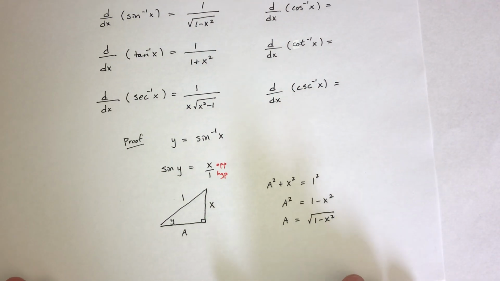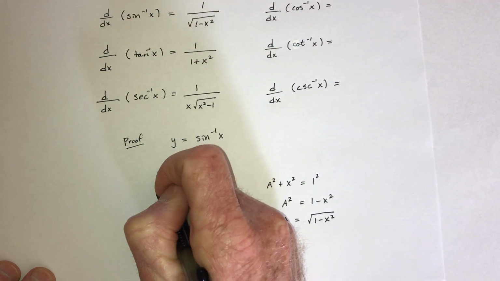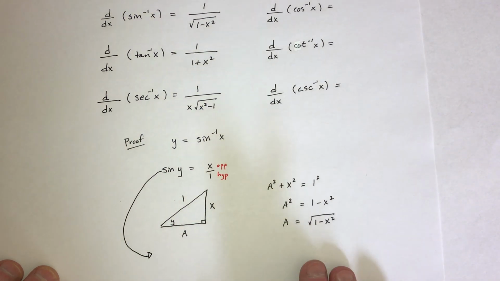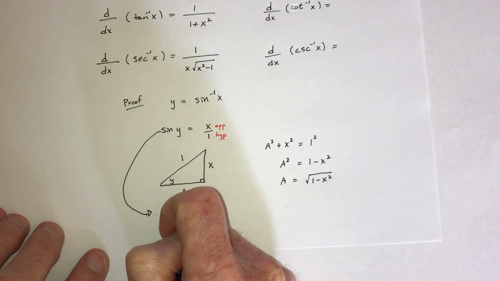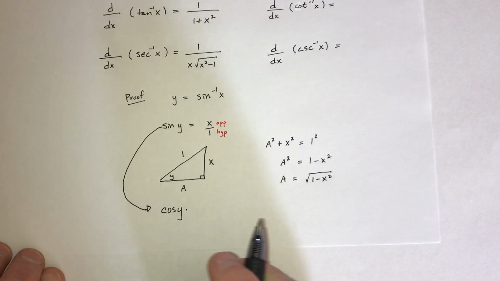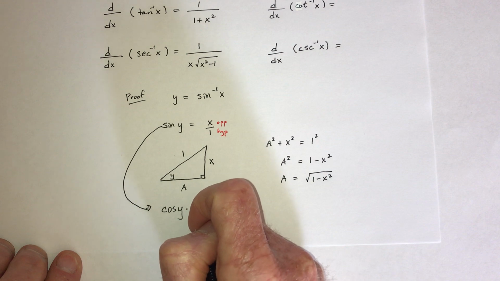Okay. But we still haven't done the derivative. So then you take this part right here, the sine, and take the derivative. So the derivative of sine will be cosine. Then do the implicit differentiation part, or in other words, you got to do the chain rule, take the derivative of y, that's y prime.